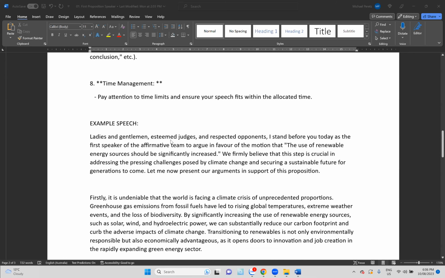So, "Ladies and gentlemen, esteemed judges and respected opponents." So we're politely and respectfully greeting the audience, the judges, and the other team. "I stand before you today as the first speaker of the affirmative team to argue in favor of the motion that the use of renewable energy sources should be significantly increased." So just in these first couple of sentences, we've greeted everybody respectfully and let everybody know which team we're on.